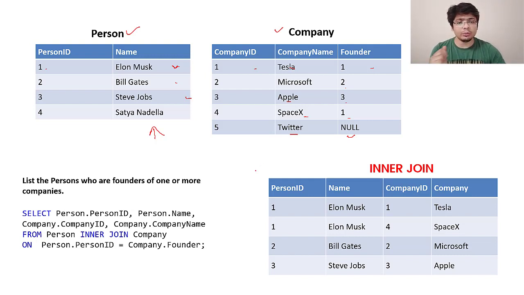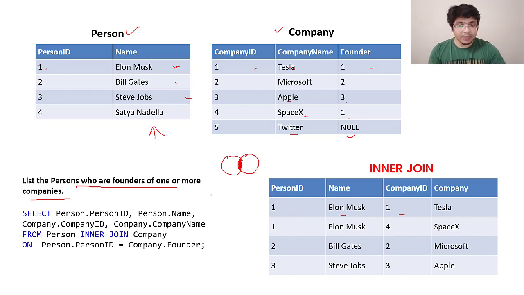Now let's try to understand what inner join is. So it will list the persons who are founders of one or more companies as shown in the previous diagram, right? Where we had this diagram, and then inner join was this. So we'll try to understand what this painted region means. So it will list all the founders corresponding with their companies.